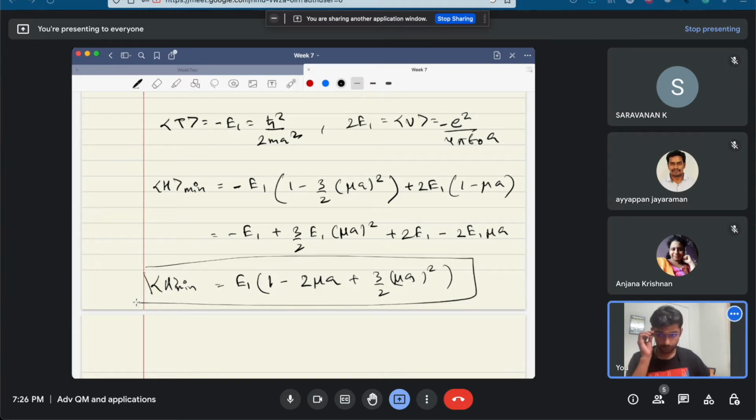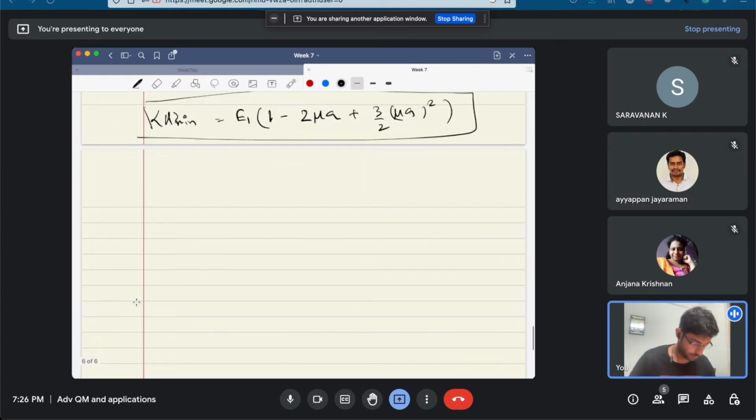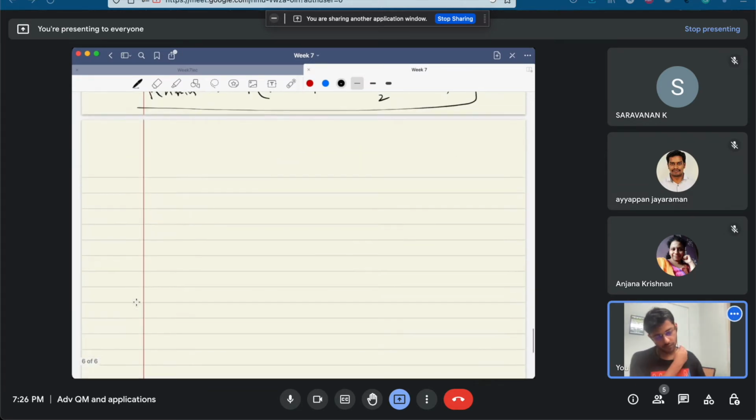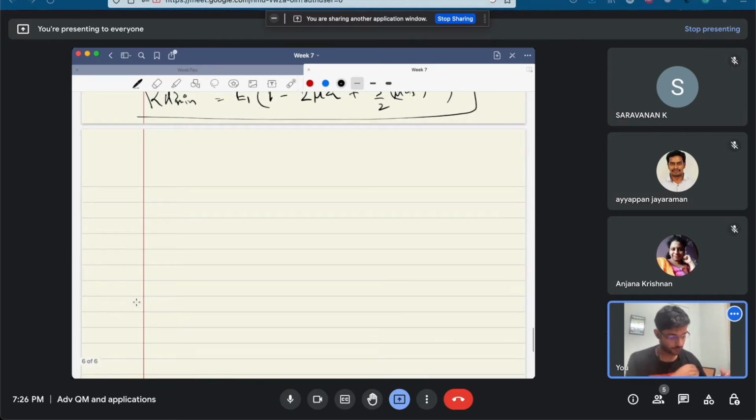Okay. Now for the second part, okay, now the second question deals with the same hydrogen atom, it's a pure hydrogen atom, but we are going to take a different wave function, just a test case scenario.